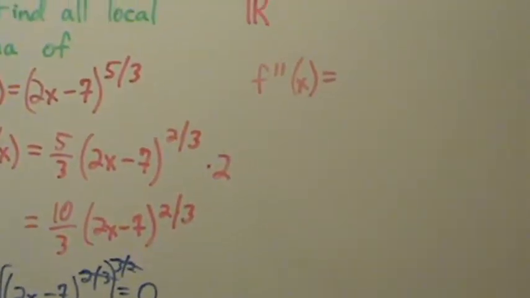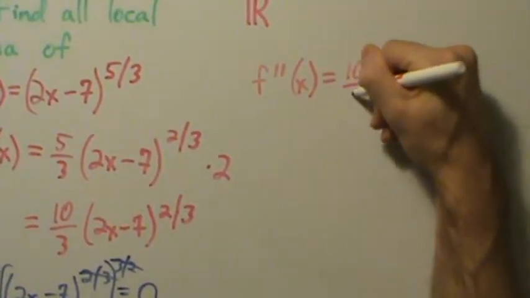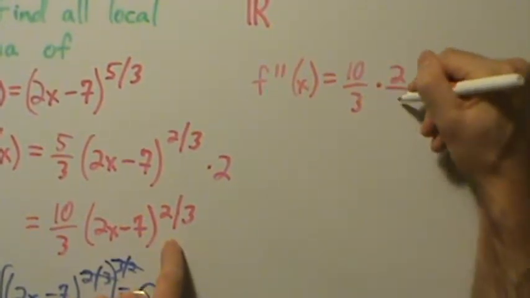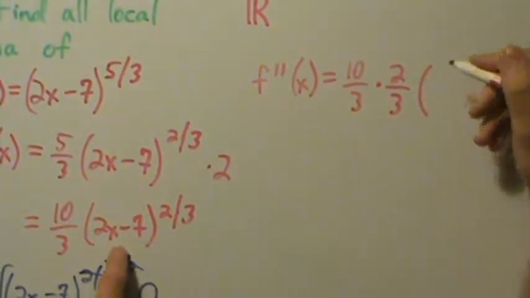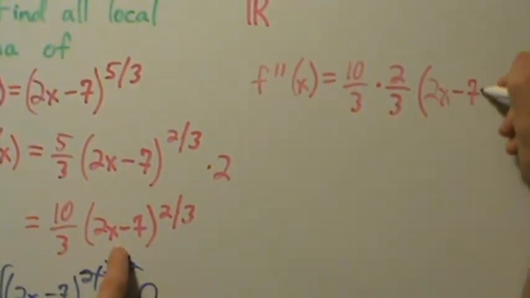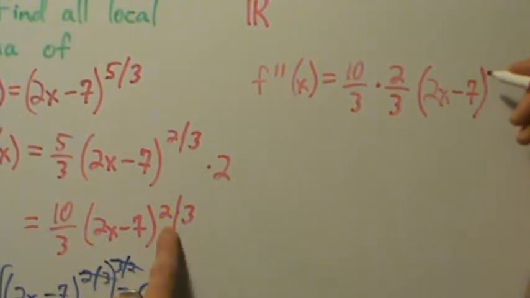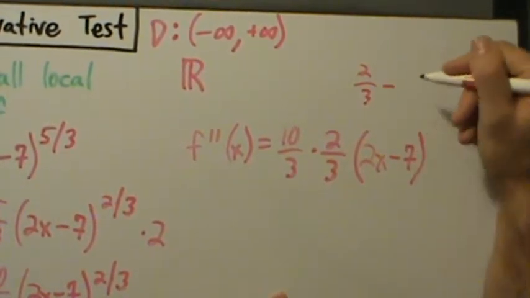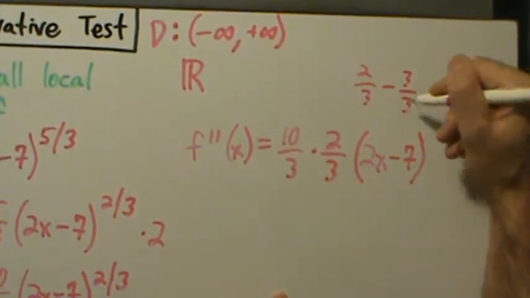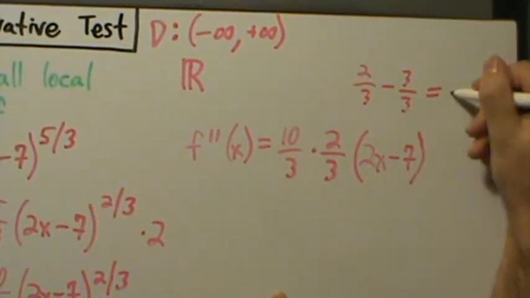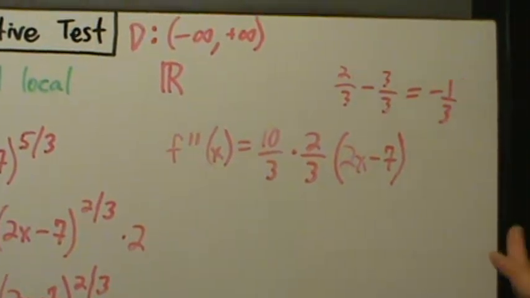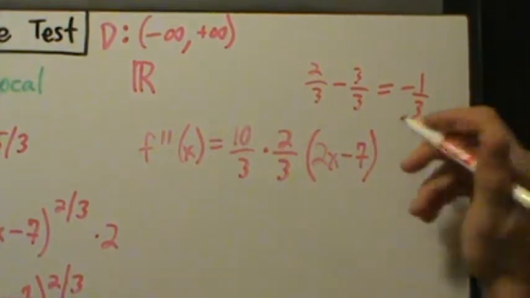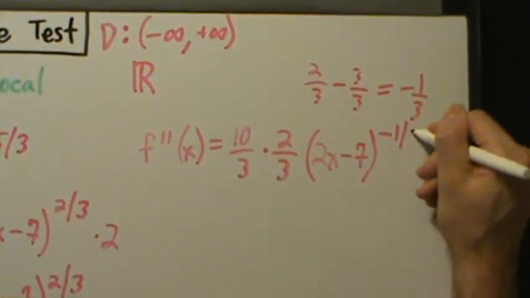The second derivative is going to be, still got the 10/3 there, and then another power rule: bring the 2/3 down, and then we have the quantity 2x minus 7 with an exponent of 2/3 minus 1. Using a common denominator, 2/3 minus 3/3 is negative 1/3. So our exponent becomes negative 1/3.